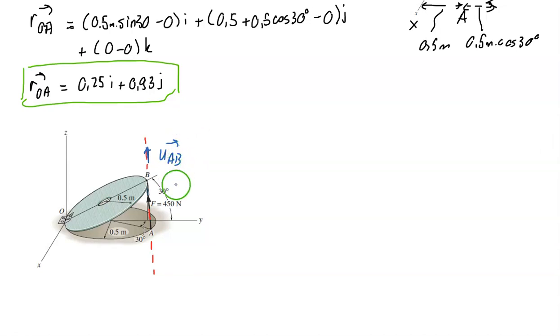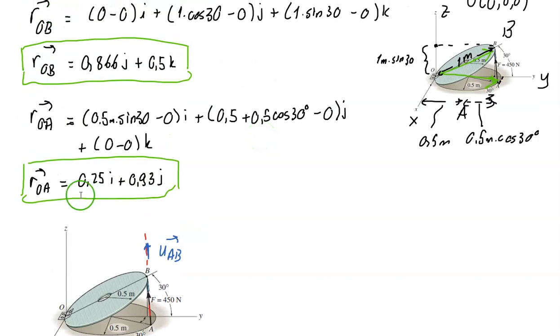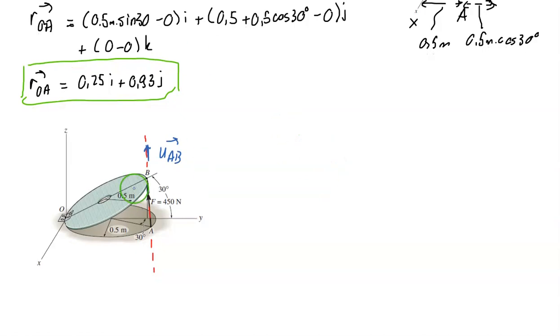I know the coordinates of B, I know the coordinates of A. I used them to calculate ROB and ROA. So I can use those coordinates and write my force vector F as the magnitude of the force vector times the UAB unit vector that is along the line of action of F. That one is given, 450 newtons.